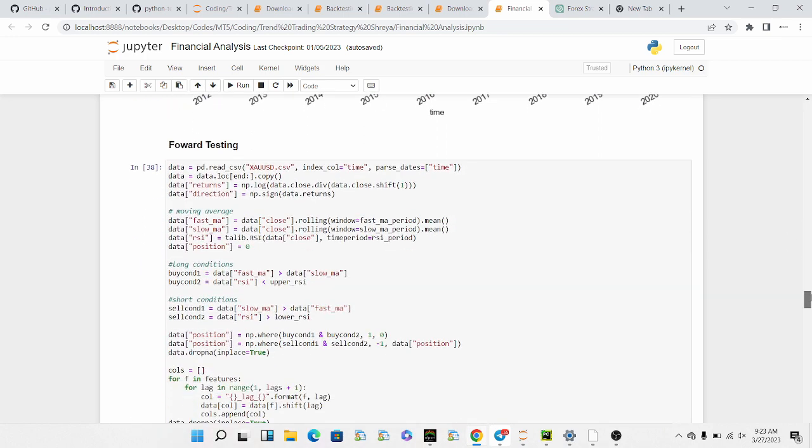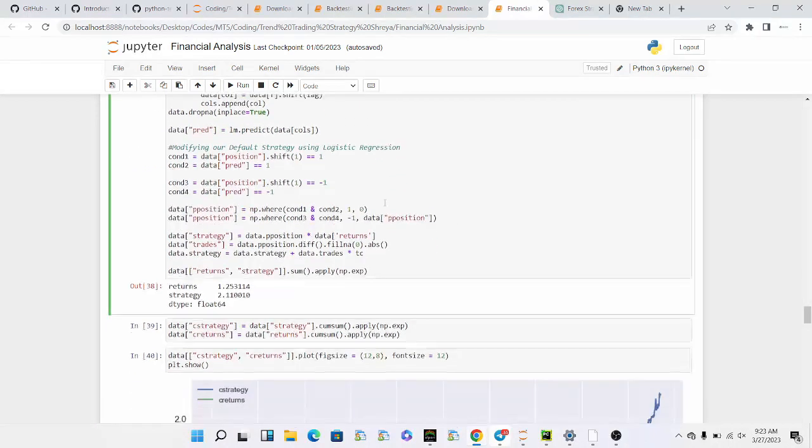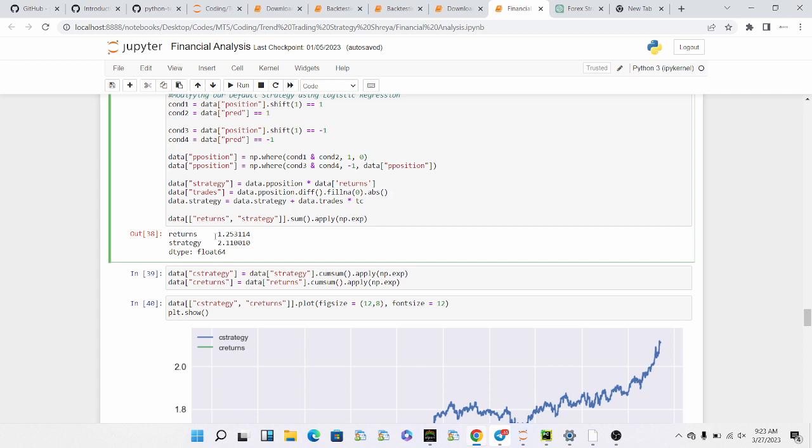So we proceeded to forward test this strategy. We're forward testing the same on gold, to the end of our data frame, which is the current date and time. We have our returns, we have our directions, and we're proceeding to forward test this strategy. We had positive returns of about 1.25, which is about 25% on our cumulative returns.